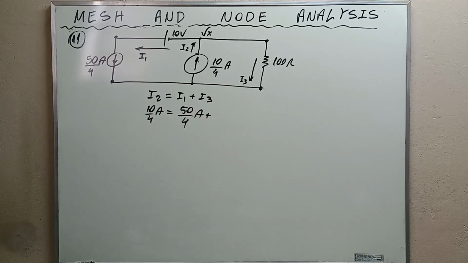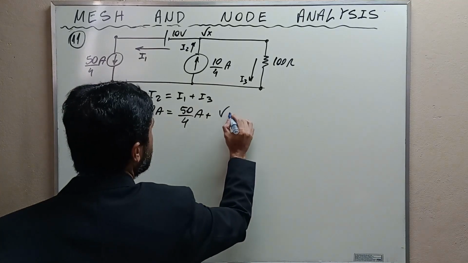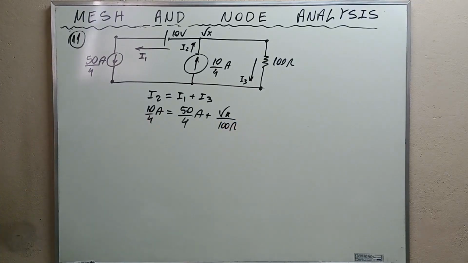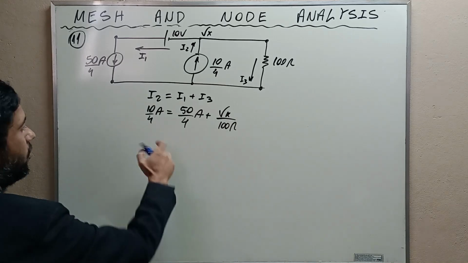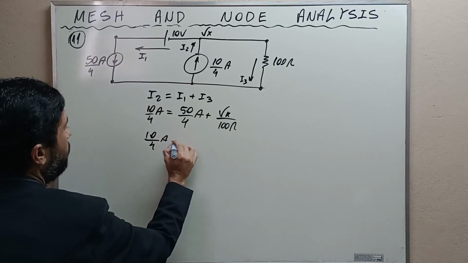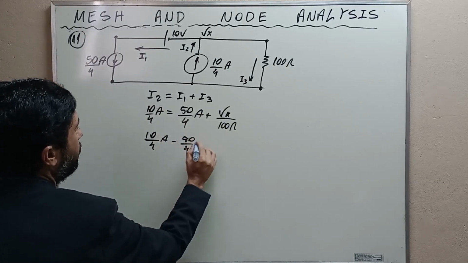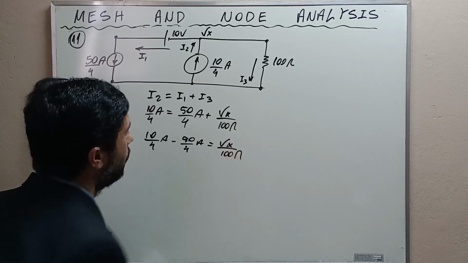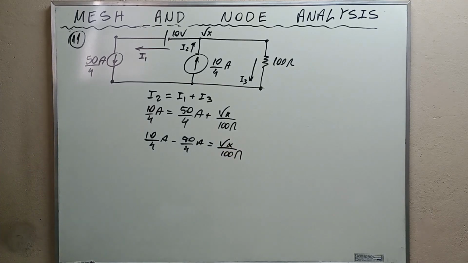I3 is simply Vx divided by 100 ohms. I am going to pass this side, and it is 10 over 4 amps minus 50 over 4 amps, and this is equal to Vx over 100 ohms. Simple mathematics, isn't it? Simple mathematics.